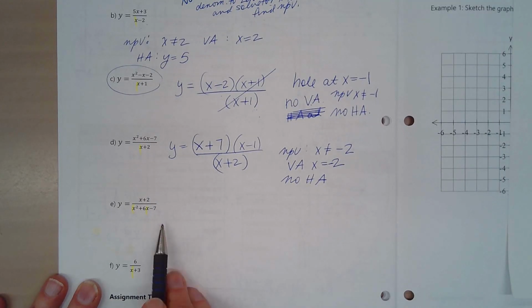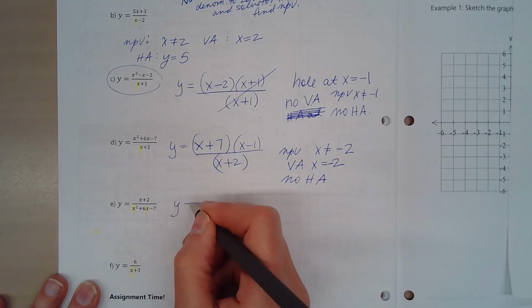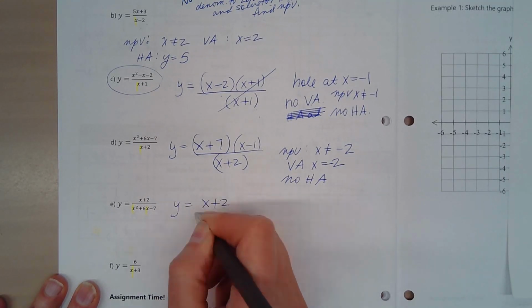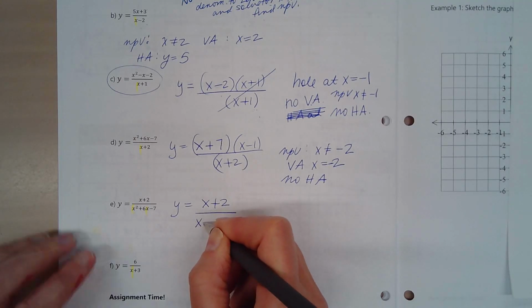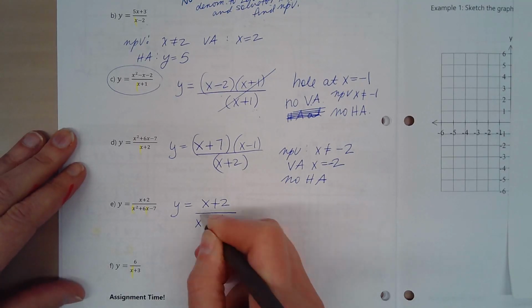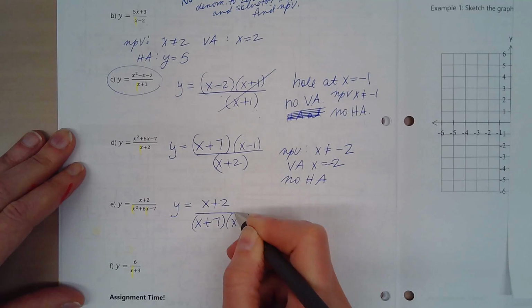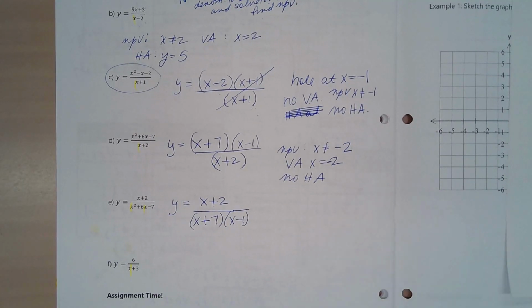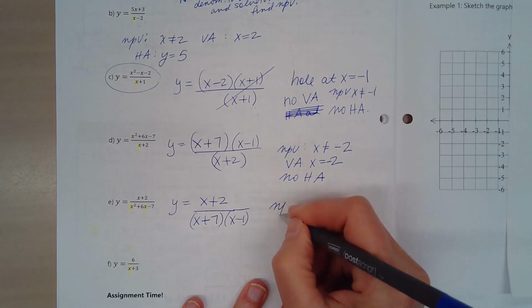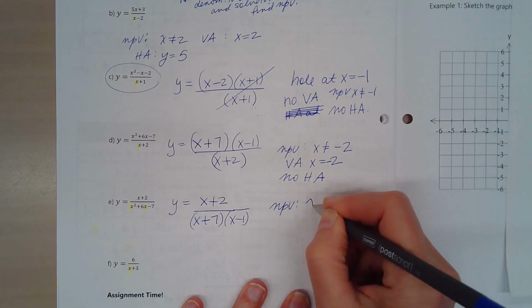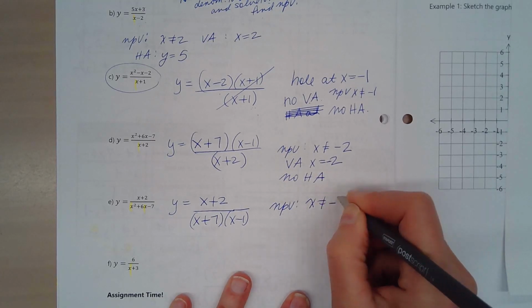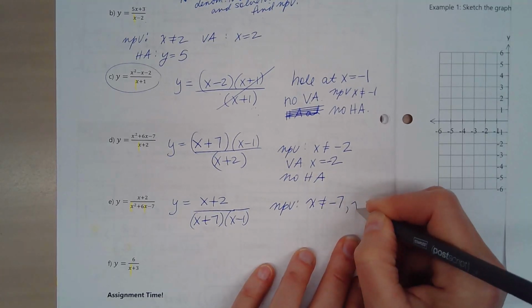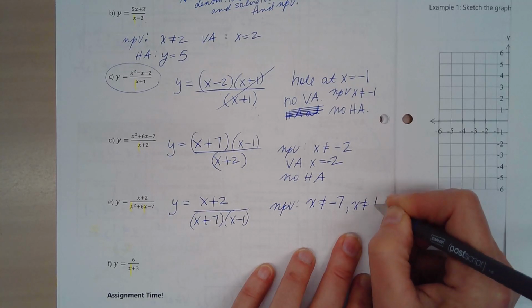Okay, what about this one? Again, it looks like I can factor the bottom. And it's the same as this one, plus 7 minus 1. Sort of the same sets of numbers, but completely different now. No canceling, so no holes, non-permissible values, x can't equal negative 7, x can't equal 1.